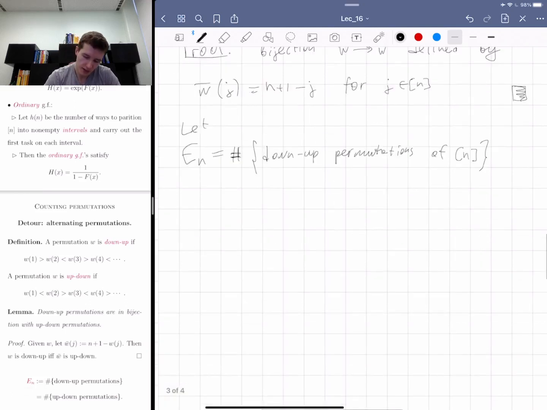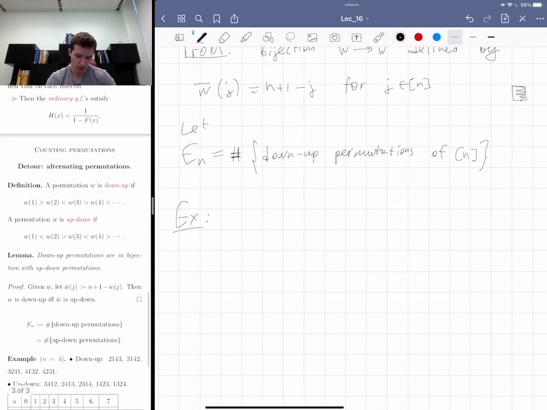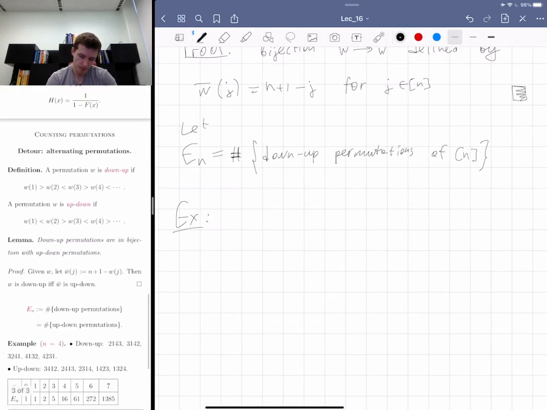So let me give you an example. Let's say n equals 4.